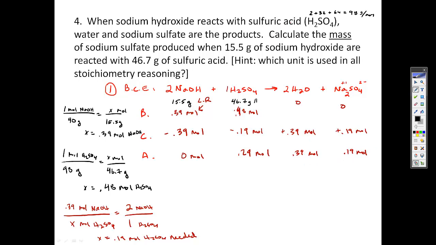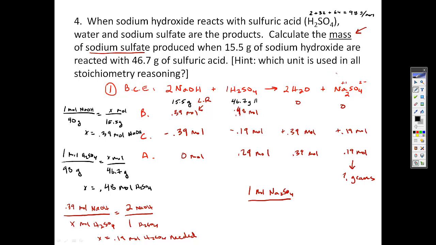Okay, now the question is calculate the mass of sodium sulfate, right? So let's go ahead and turn these moles into mass. The way you do that is just by setting up your molar mass ratio. So for sodium sulfate, 1 mole equals, let's calculate that out real quick.